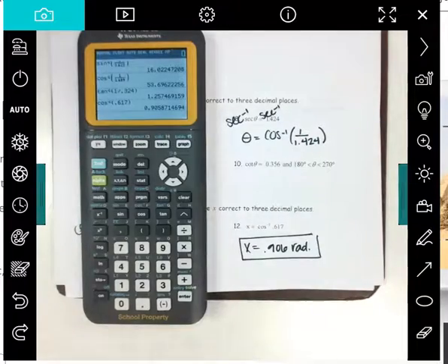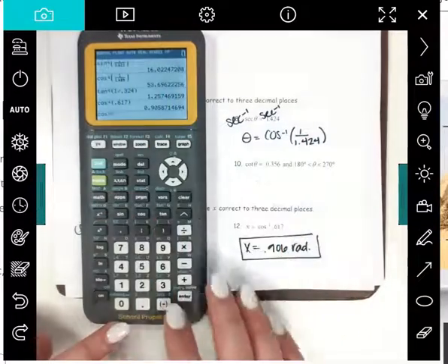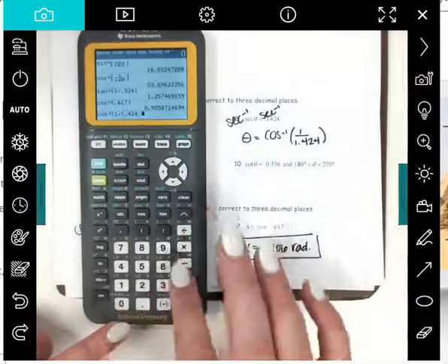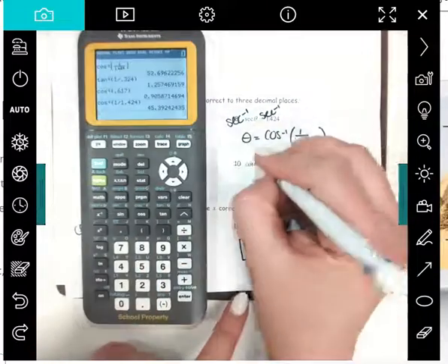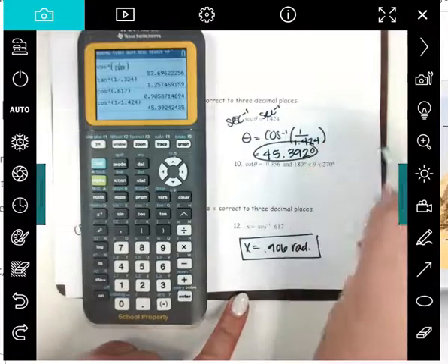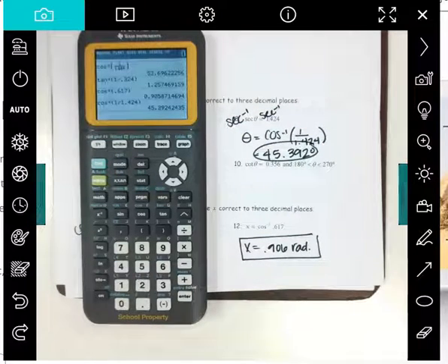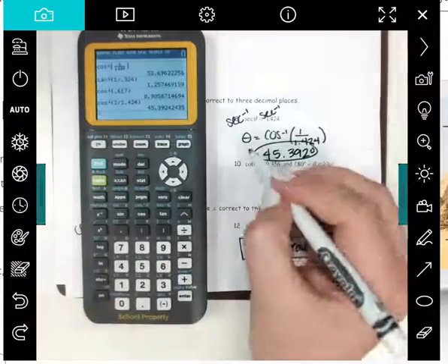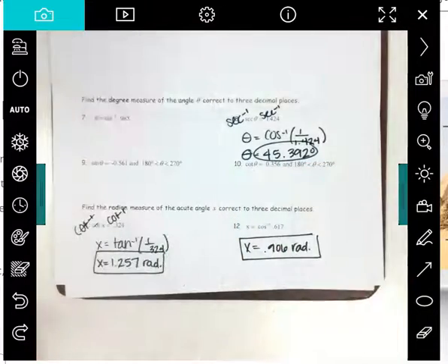Good on that? So inverse cosine 1 over 1.424 comes out to be 45.392 degrees. Okay, now let's remind you how to do 9 and 10.